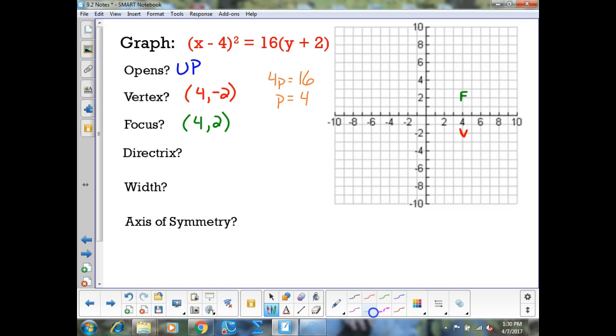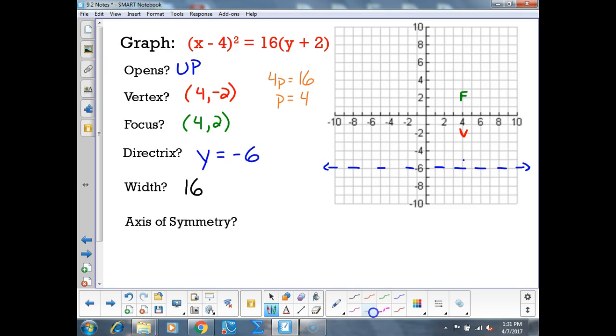Down 4. Y equals -6. 1, 2, 3, and 4. We'll just hand draw it in today. So that means my directrix is at y equals -6. The width of my parabola is 16 through the focus.